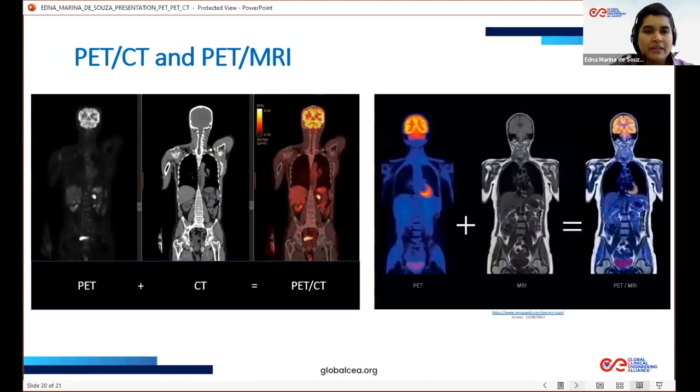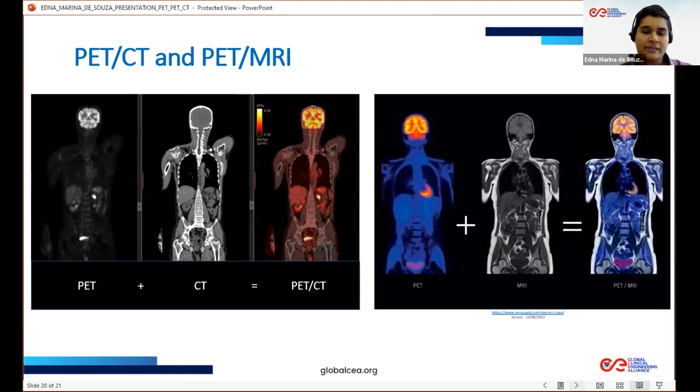And finally, here we have some examples of hybrid methods involving PET that are PET-CT and PET-MRI. In this case, the images were acquired in hybrid machines, a CT or MRI plus PET scanner in the same machine, right?